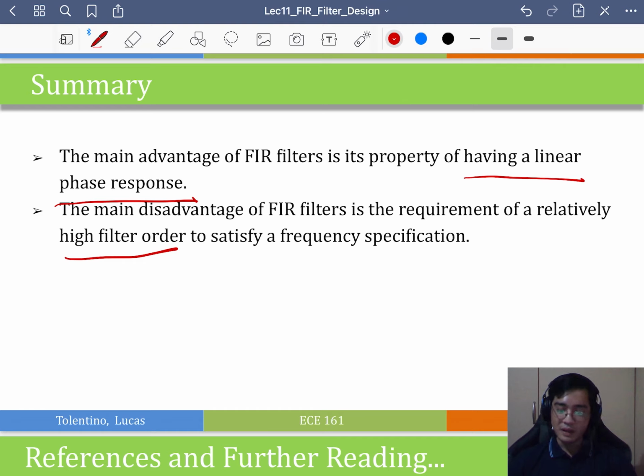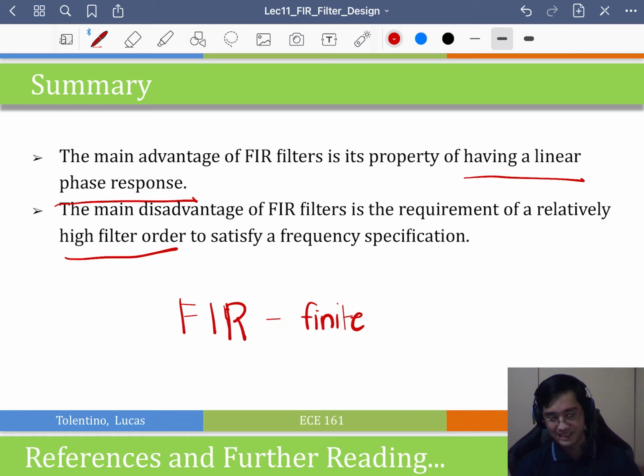So if you really want a linear phase response, then FIR filter is the choice. But if we want lower memory, then we should try the other design. What is FIR again? FIR is short for finite impulse response.